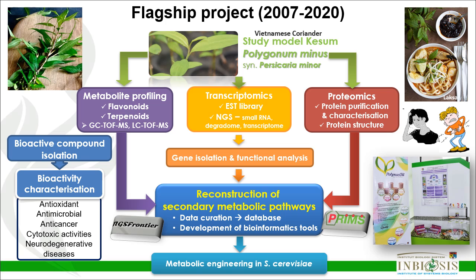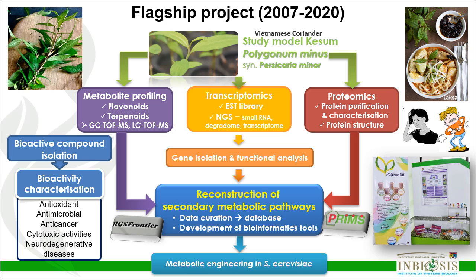So we applied a transcriptomic approach in the past, the expressed sequence tag library, and later on we used next generation sequencing for small RNA, degradome, and transcriptome analysis. We also perform proteomic analysis with protein purification and characterization and also some enzyme protein structure analysis using X-ray crystallography.